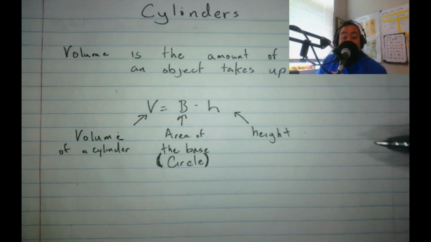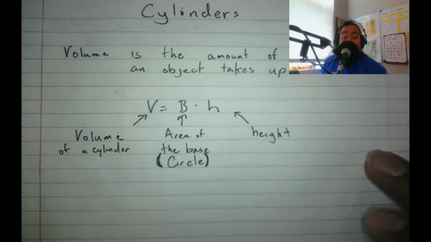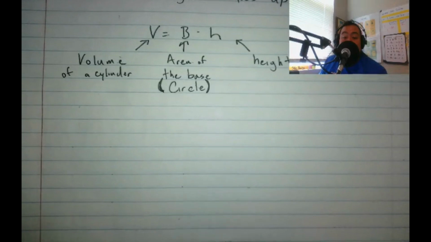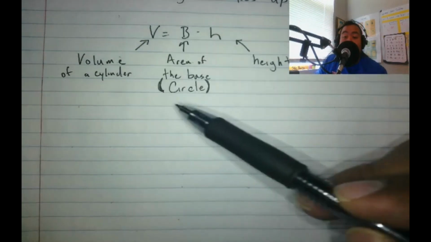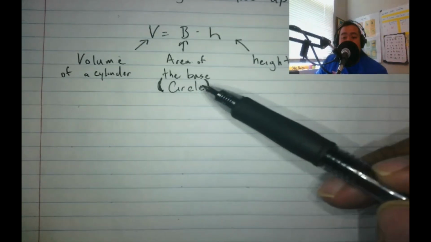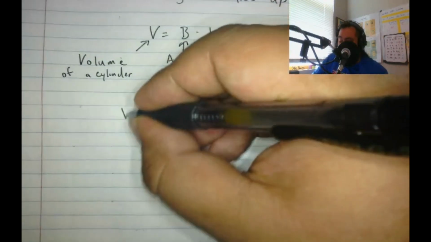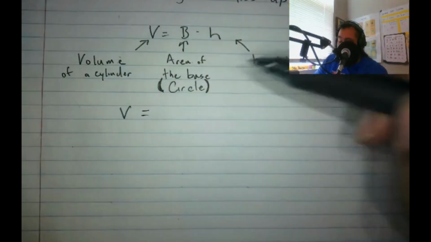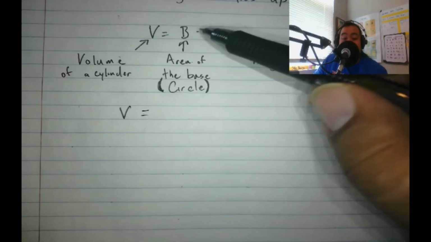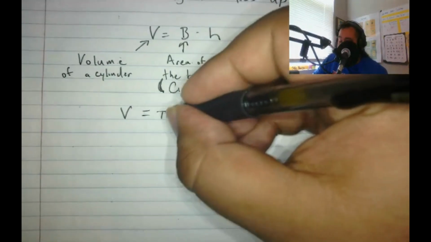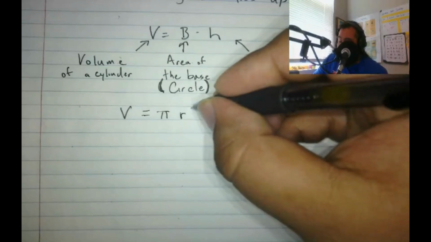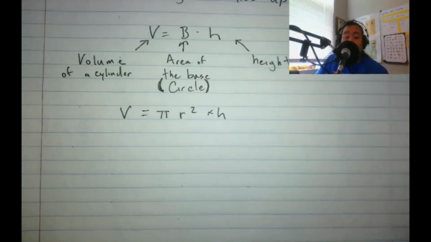So when I rewrite this formula for cylinders, I'm changing the area of our base to represent the area of a circle. So I'm still going to have volume equals, and instead of big B, the area of a circle we say is pi r squared, times the height.